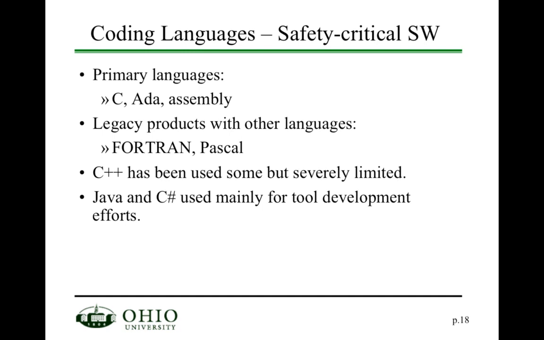Although now with the object-oriented design supplement, there may be a little bit more of an increase in C++, especially since a lot of the software engineering programs teach the students to program in C++. If you look at Java and C#, their use has mainly been for tool development efforts in support of development of safety critical software. And tools, something we're going to talk about in a later module as well.